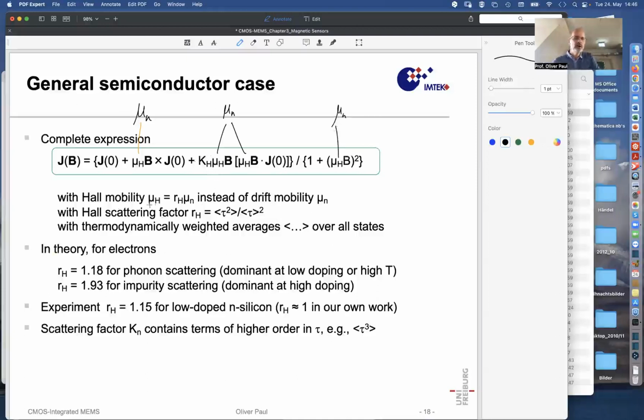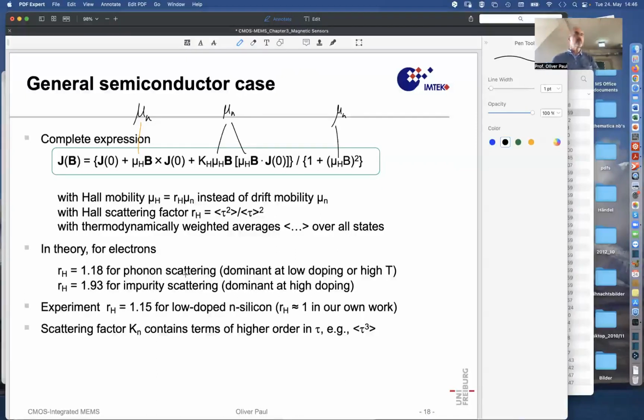So mu h is called the Hall mobility, therefore its index h, and this is equal to a correction factor times the mobility we used before. And that correction factor is not gigantic. Here you have some values, 1.18, 1.93. I think I copied them out of Popovic's book many years ago.